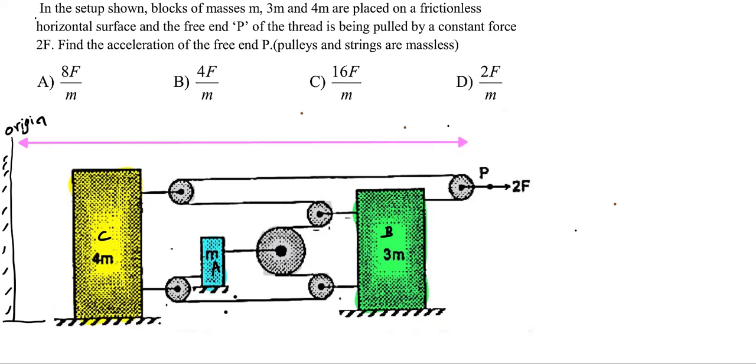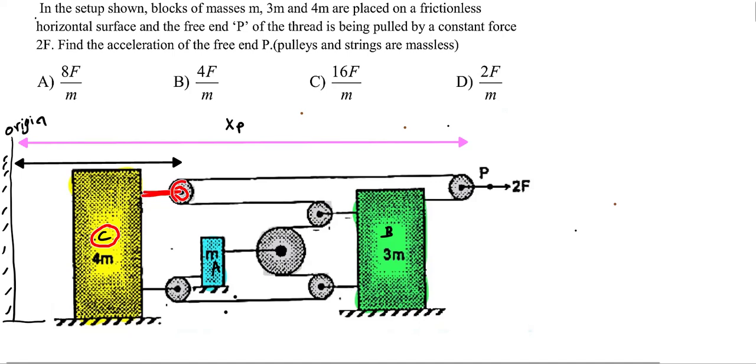The displacement of the pulley will be the displacement of this. So let me define this as xp. The displacement of the pulley or block, both are the same. The displacement of block C and this particular pulley will be the same because the length of the string will not change.